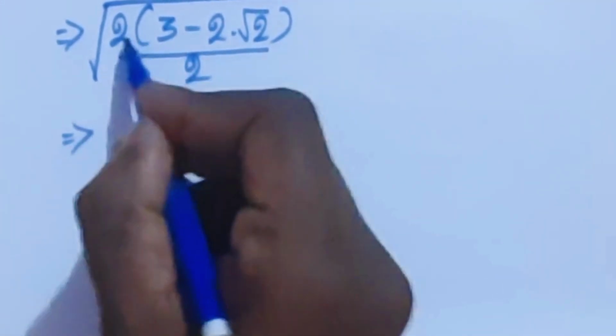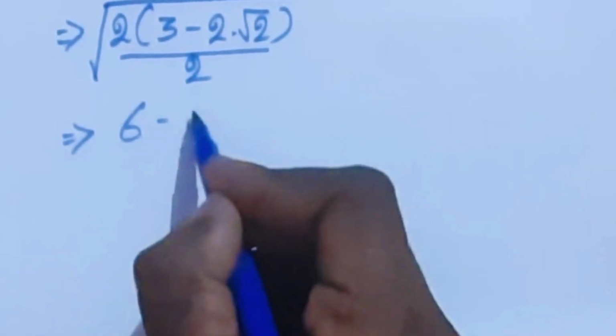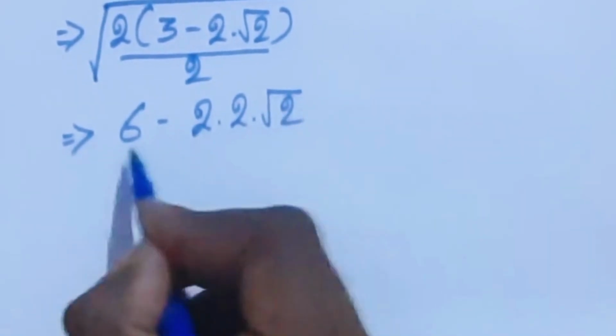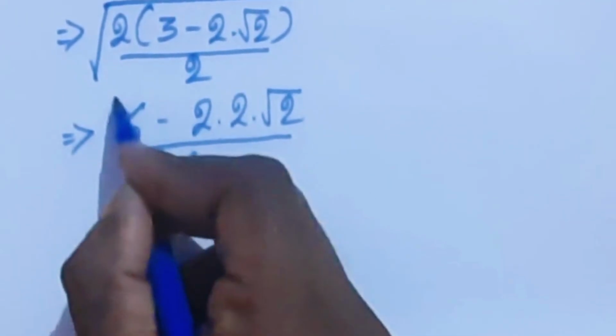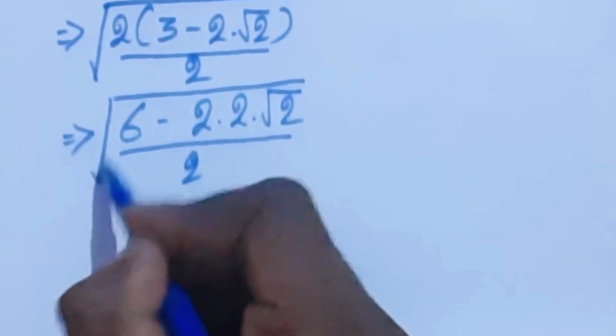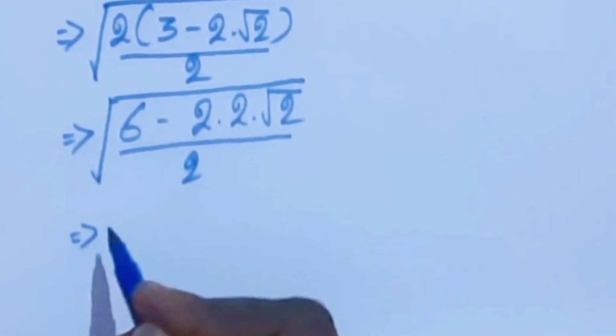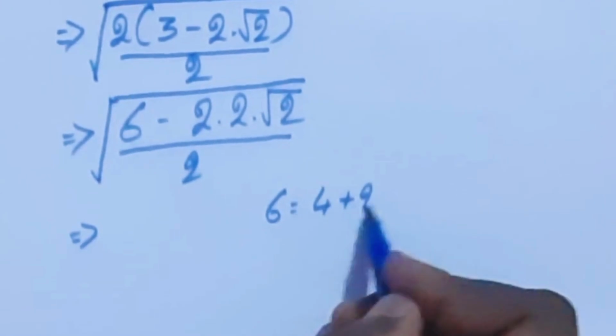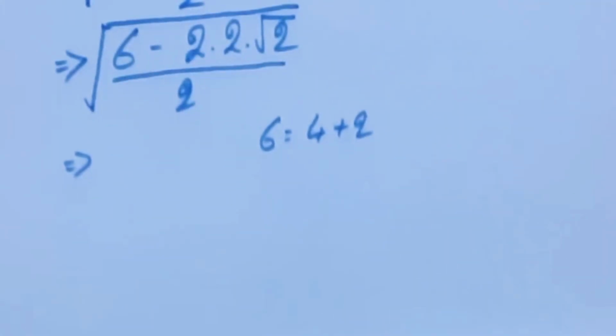Now 2 times 3 is 6 minus 2 times 2 times the square root of 2, by 2, in whole square root. Now this 6 can be written as 4 plus 2. This we are going to apply here.